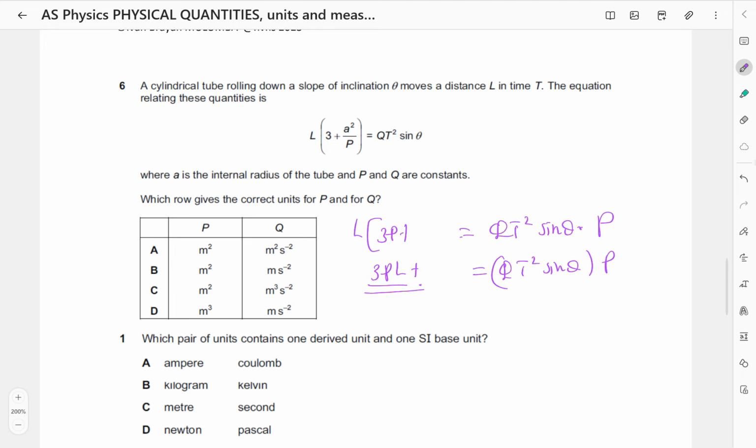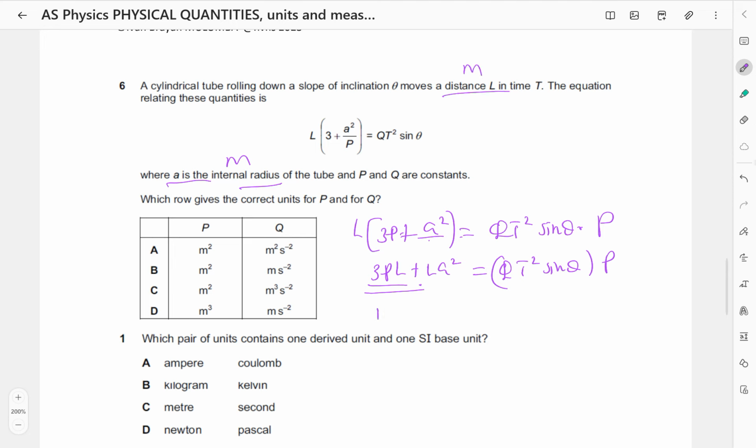So it is 3P plus a². They said a is the internal radius. So a has units meters, and L was distance, and L has units meters.